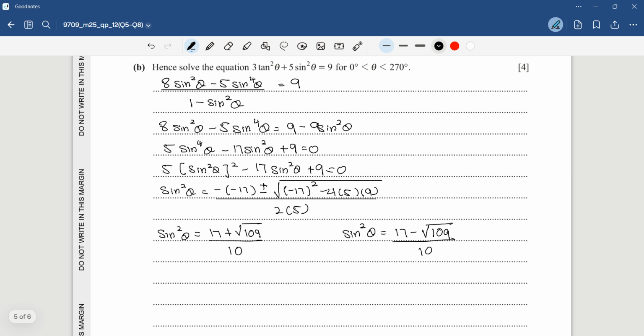So 17 plus square root of 109 divided by 10, for this I will get sine square theta equal to 2.744. Therefore sine theta will be plus minus 1.657.